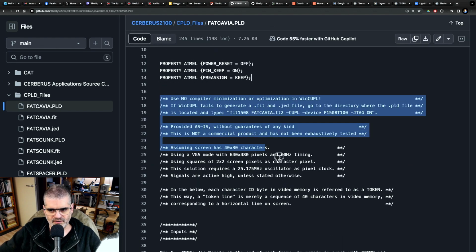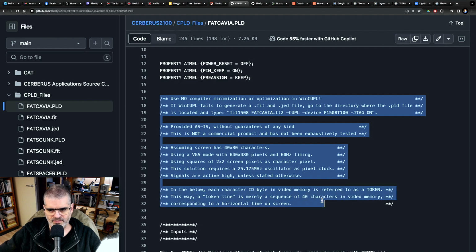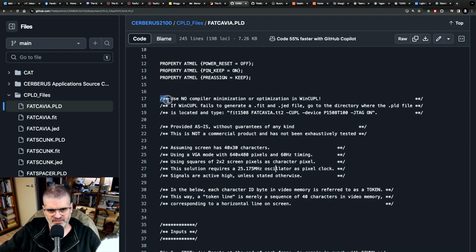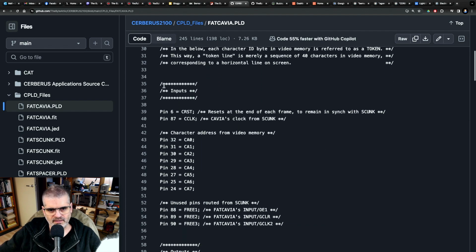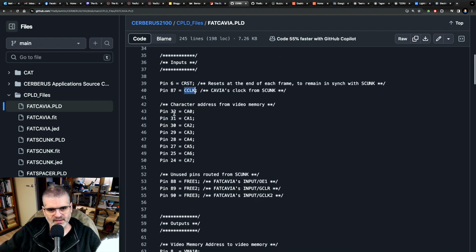These are all commentary. Stuff that starts like this and ends like this. These are just comments, and it's part of the documentation of this file. Now here, the declaration of the input pins begins. So this is the Cavia reset that comes from Skunk. This is the Cavia clock that comes from Skunk.